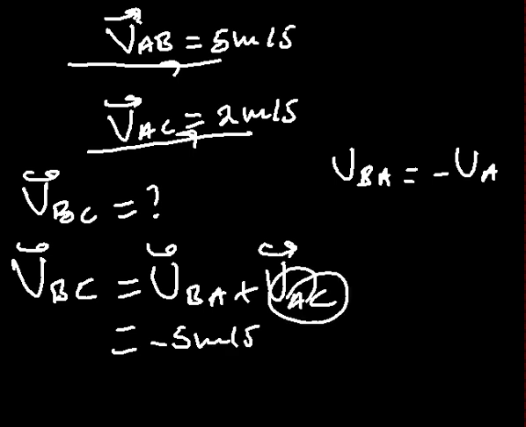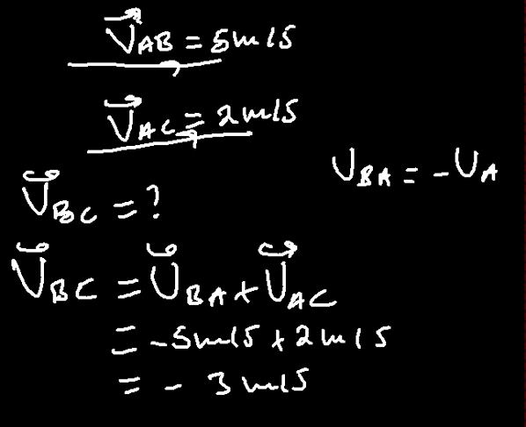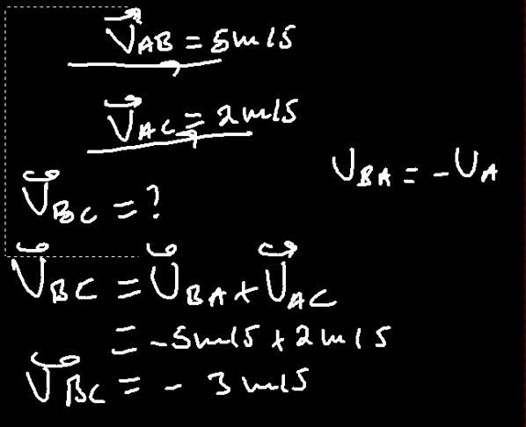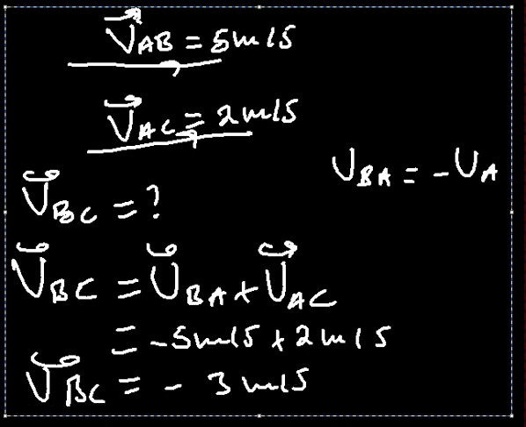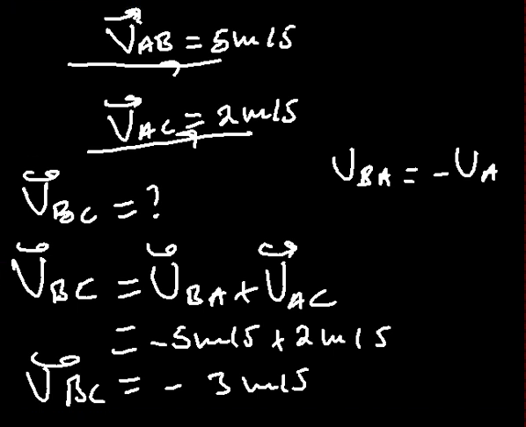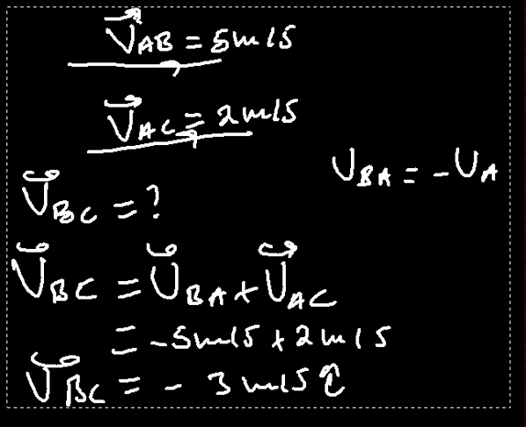And do we have VAC? Yes, VAC is 2 meters per second, so plus 2 meters per second. Hence, we have negative 3 meters per second. That is VBC. And since this is along the x-axis, we can present it in terms of the unit vector i hat notation.